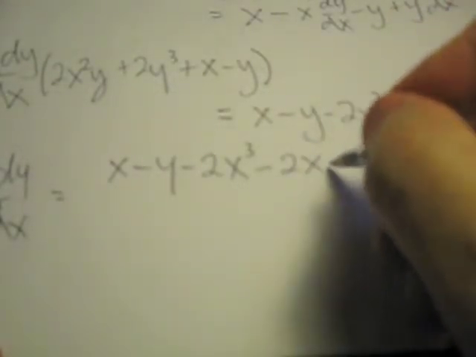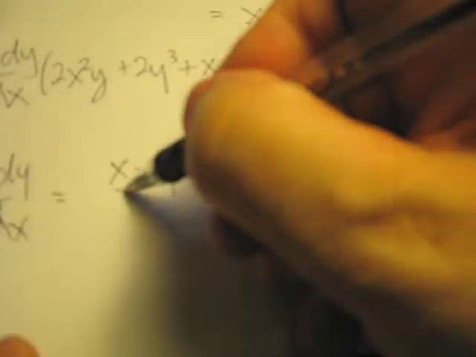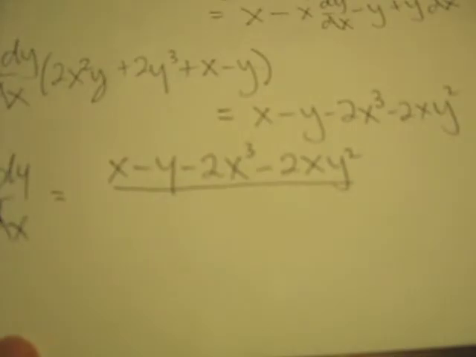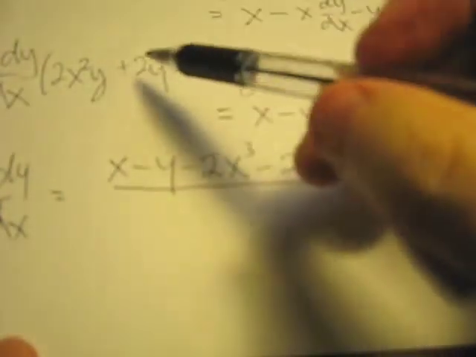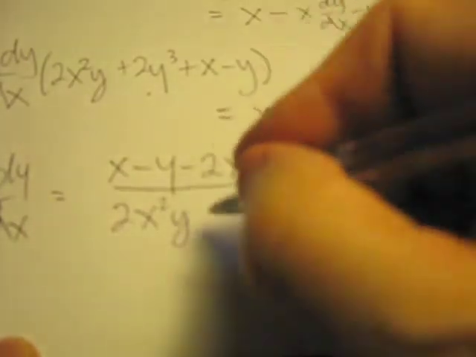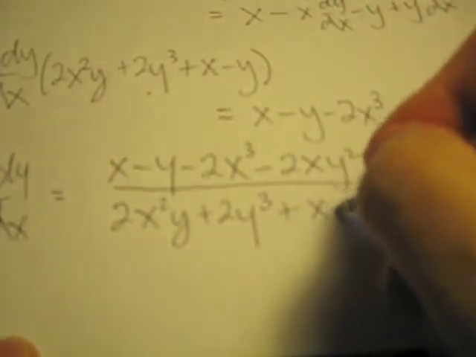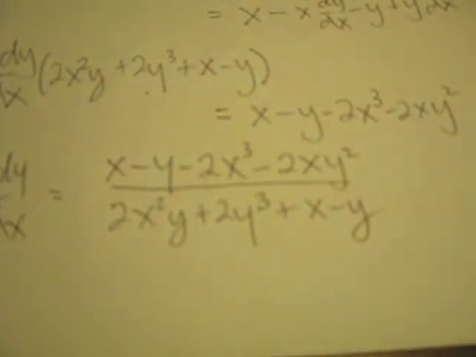And so we end up with x minus y minus 2x cubed minus 2xy squared as the numerator. And the denominator will be this here, which will be 2x squared y plus 2y cubed plus x minus y.